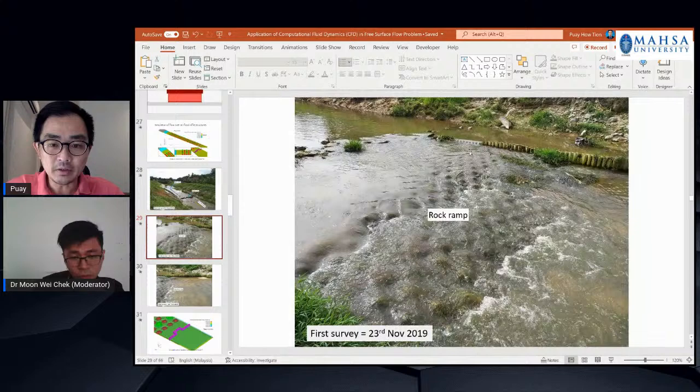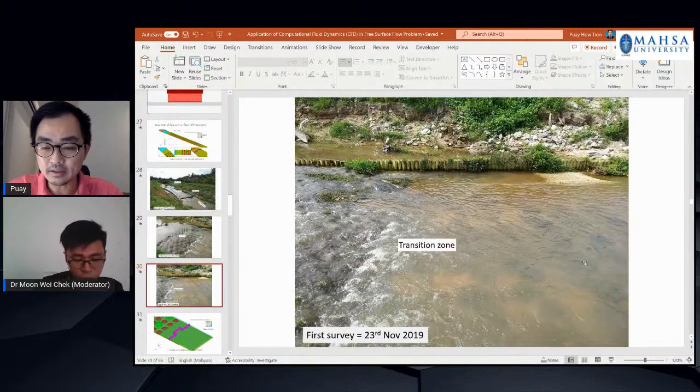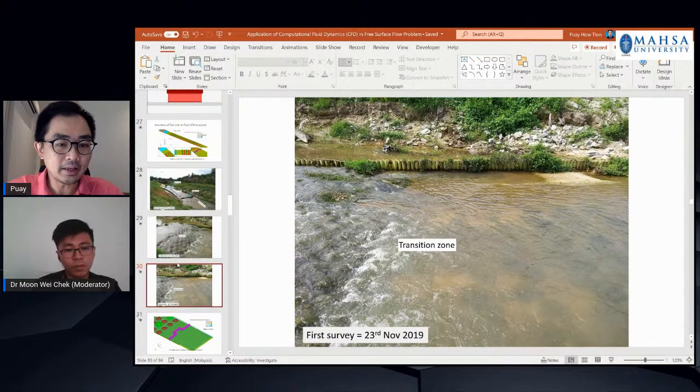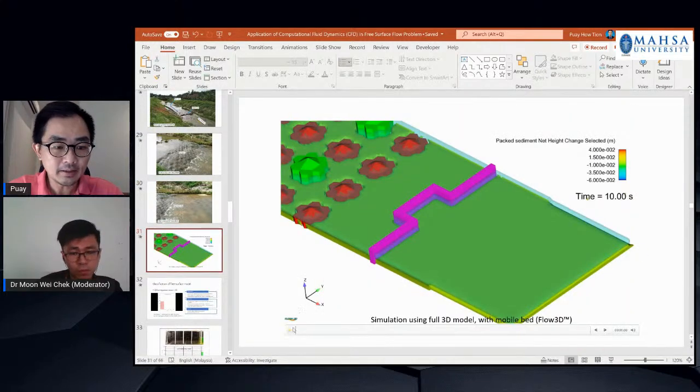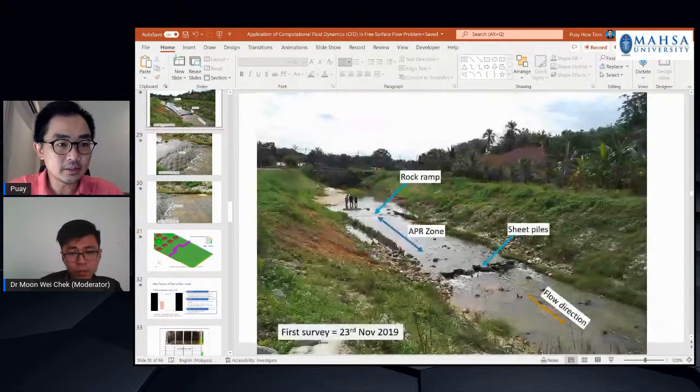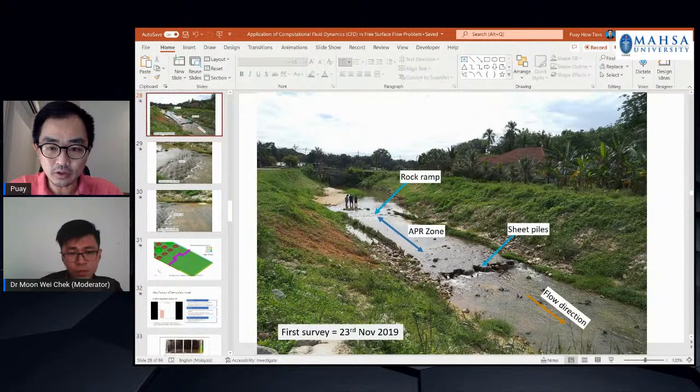So the rock ramp is being installed here, and you can see underneath the water there are some concrete blocks, which are the artificial riffles here. In this photo it is a little hard to tell, but there are some concrete structures underneath the water here.